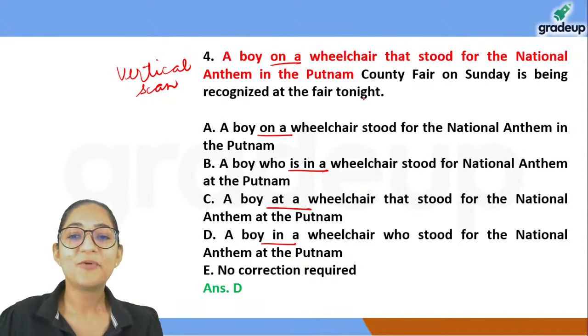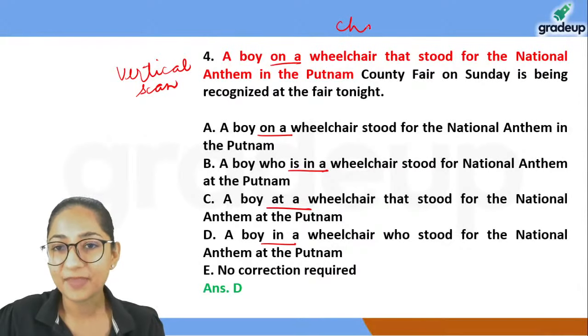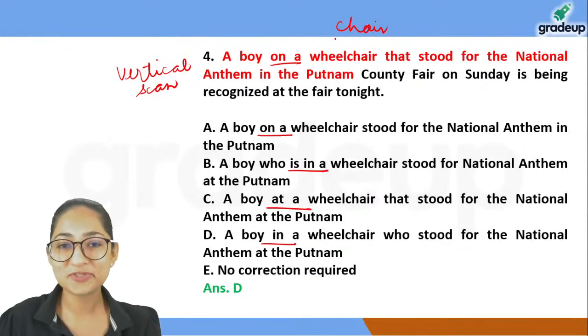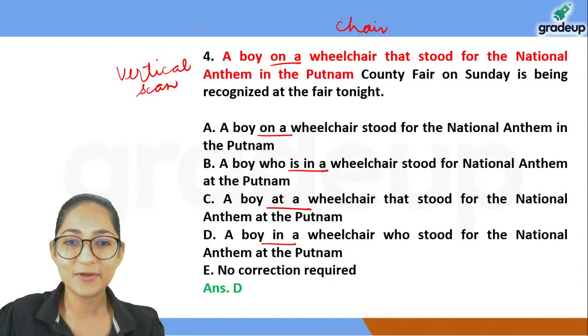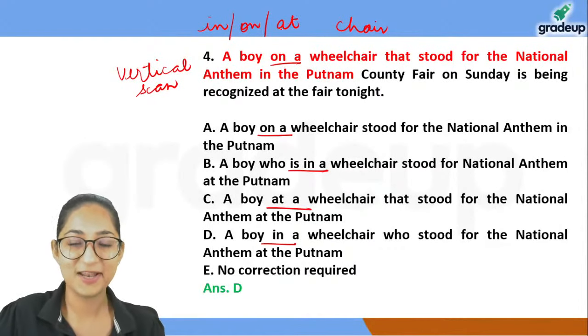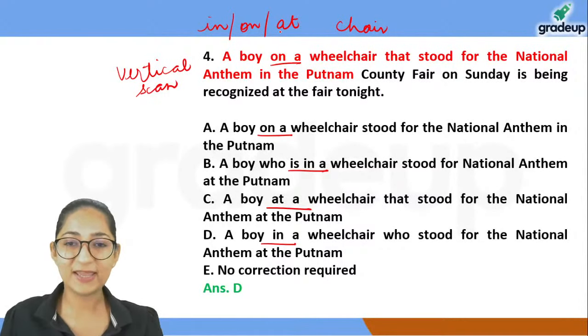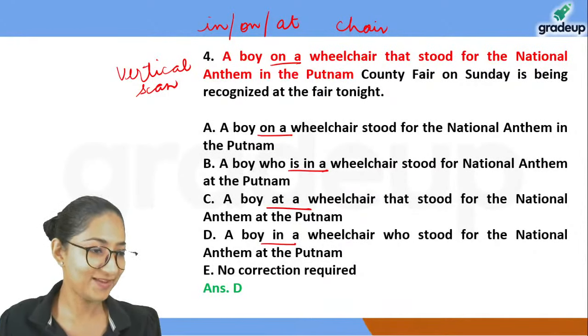You tell me, when it comes to a chair, be it a wheelchair or be it a simple chair, what preposition do you use? I'm sitting on a chair, I'm sitting in a chair, I'm sitting at a chair. Which one is appropriate? Because these three are given to you: in, on, and at. What do you say?